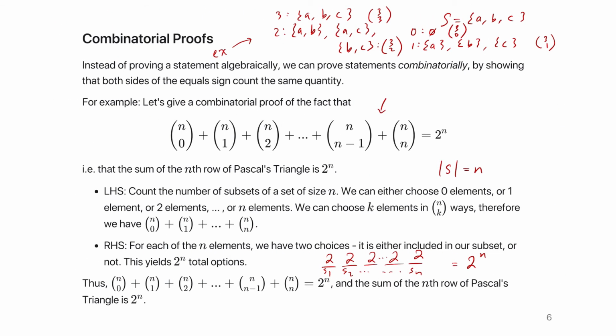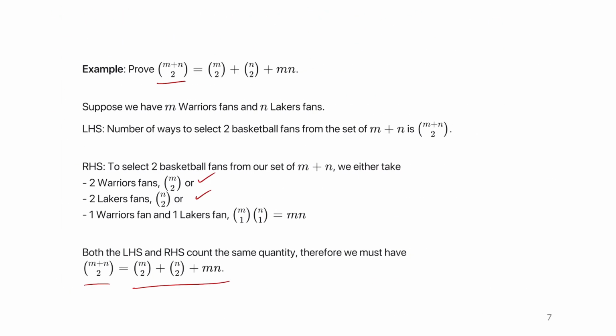But for other cases, it would be very, very hard to make the arithmetic simplify, to start with the left-hand side and approach the right-hand side. And so the beauty of doing combinatorial proofs is that you don't have to work out any algebra. It's just a counting argument. Is that sort of clear? Any questions with this example?